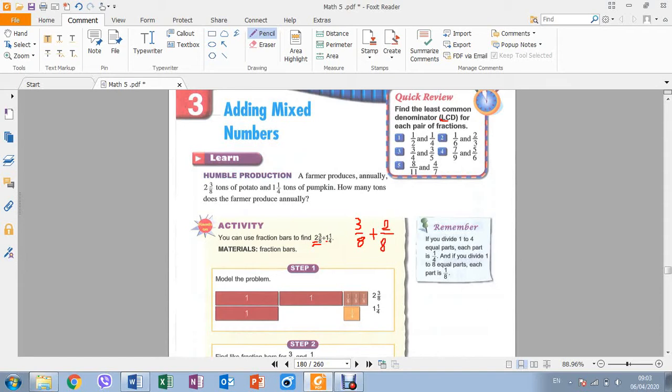Now we add them. This is the first step. 3 plus 2 is 5, and our denominator is 8. We can only add them because they are like denominators. This is the first step.